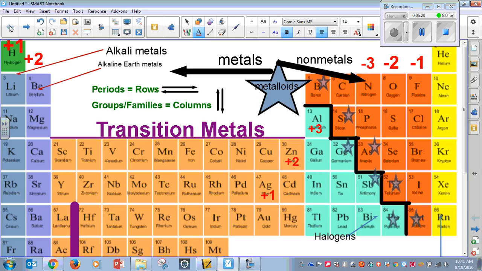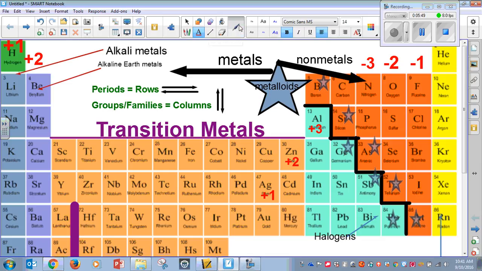Your group 2 metals form a +2 charge. The transition metals form positive ions, but they can form lots of different ones, so we don't have to memorize anything there, except for 2. That would be silver, which is always +1, zinc, which is always +2, and then we have aluminum, which is always +3.